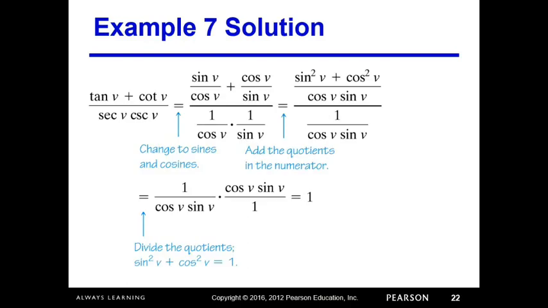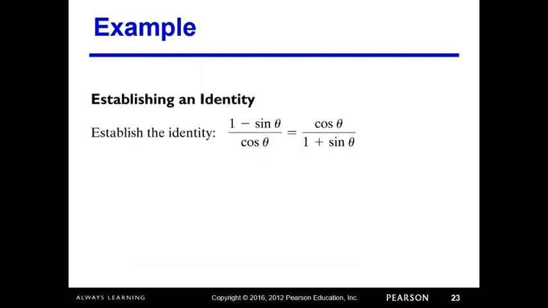All right? And there's an explanation written out. All right, so now we have (1 minus sine theta) over cosine theta. And hopefully that will equal cosine theta over (1 plus sine theta). So in this case, using some of those strategies they talked about, I'm going to multiply everything by 1 plus sine theta, so that I can have a difference of squares.